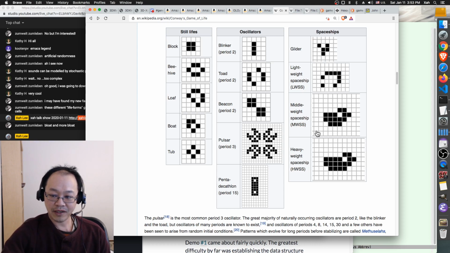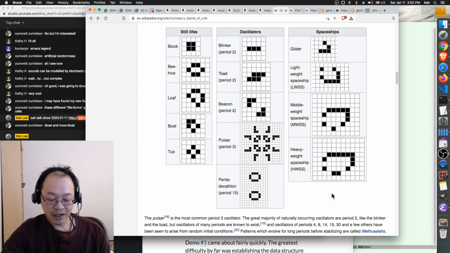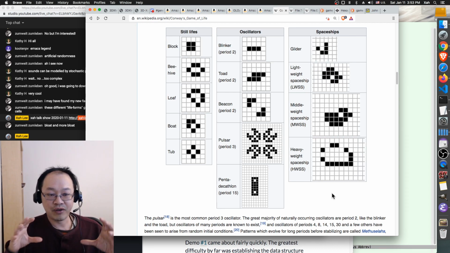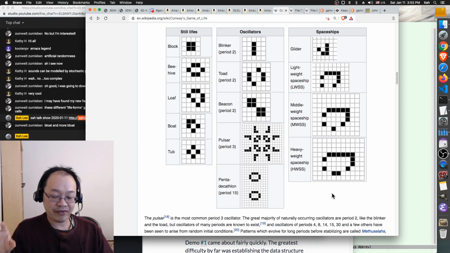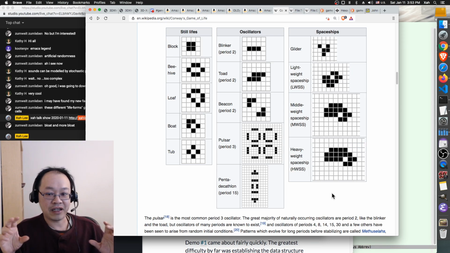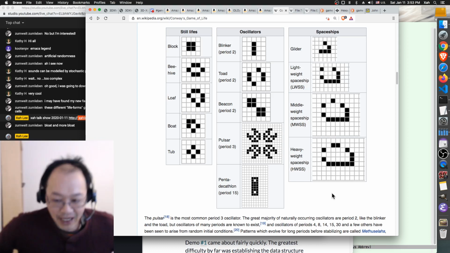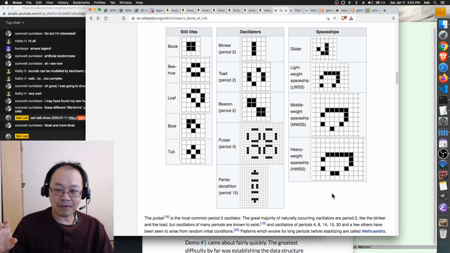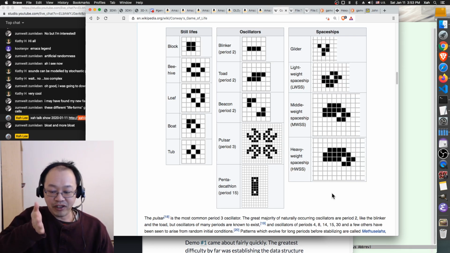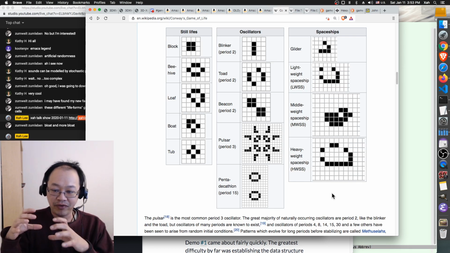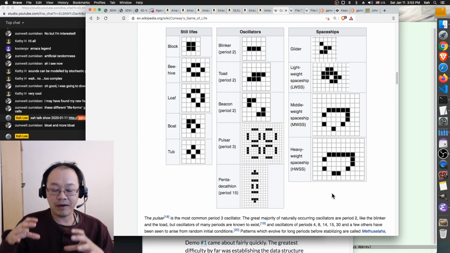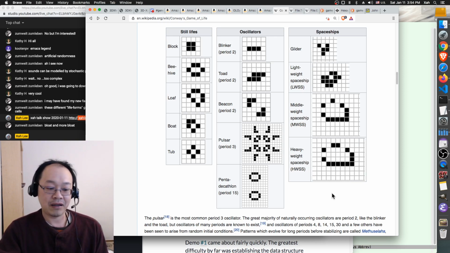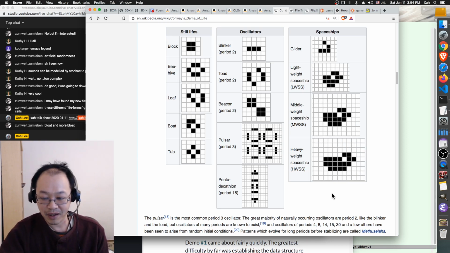For example, once you have a spaceship, you want to measure how fast the spaceship moves. So in the Game of Life, they have jargon. They call it speed of light. When you have a spaceship that moves at the speed of light, that means for every generation, it will move one cell. In principle, nothing will move that fast.